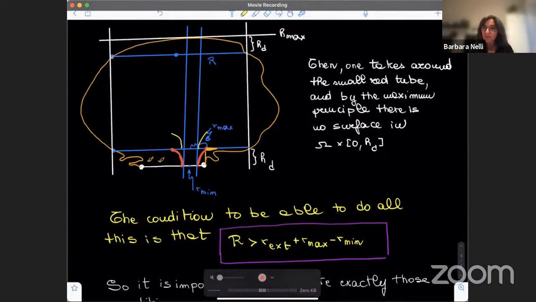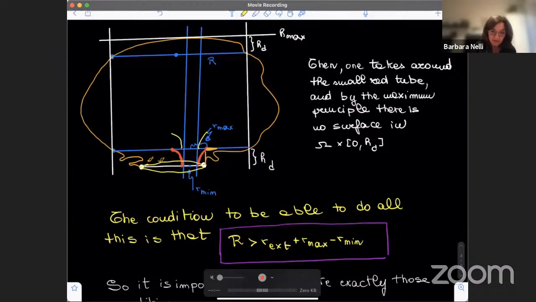And what you do is just take this red surface around here in the domain omega. As it is very small, you can touch every point of the boundary, and you cannot touch the surface, because if you touch it, then the red surface and the orange surface should coincide, and this is impossible.